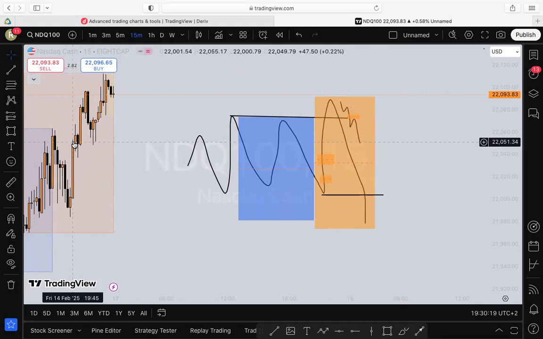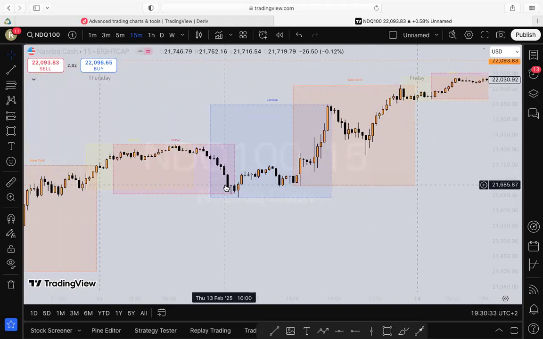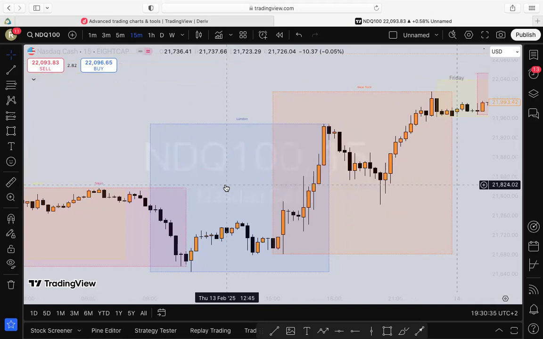Can I ask, can you go back to where it broke the structure there on your chart? Yes, you see where it broke the structure, the high of the London. So what you're saying exactly is that the candle that broke the structure must close underneath that high and have a wick above the London session.